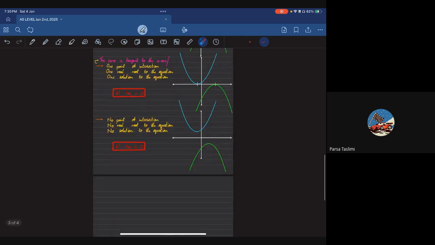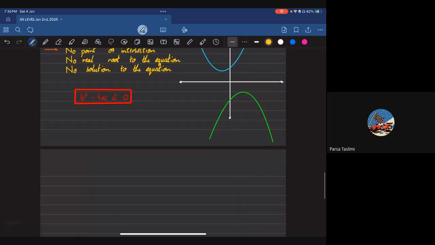And now we just need to know one last thing before you write it down: where did this discriminant come from? It came from the fact that when you used to find the value of x in your quadratic formula, you simply took it out from there: x equals minus b plus minus the square root of b square minus 4ac, over 2a.